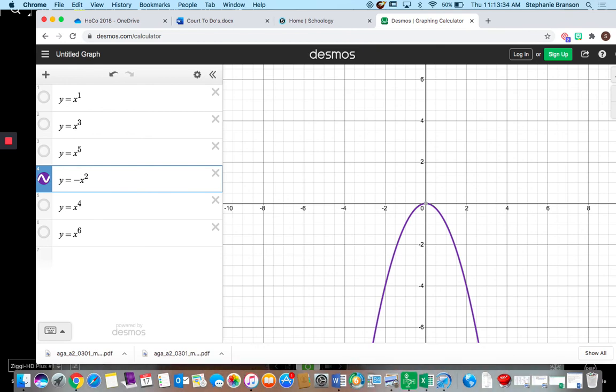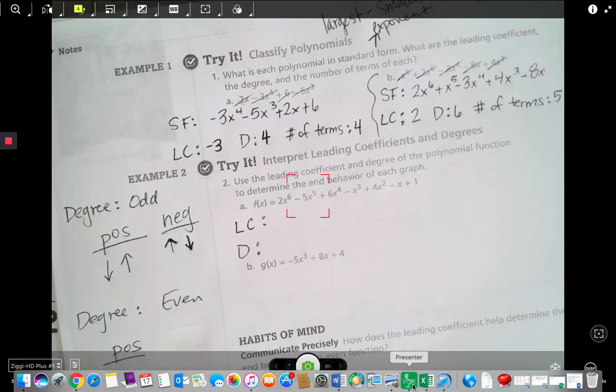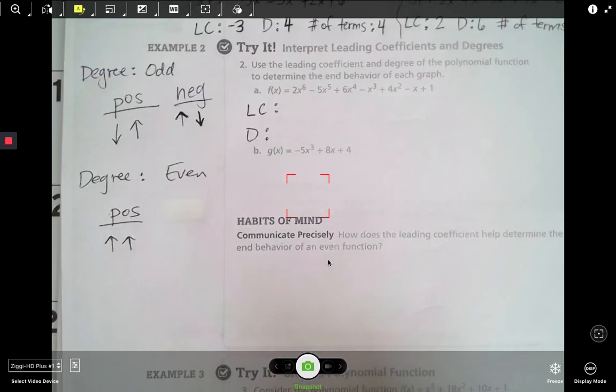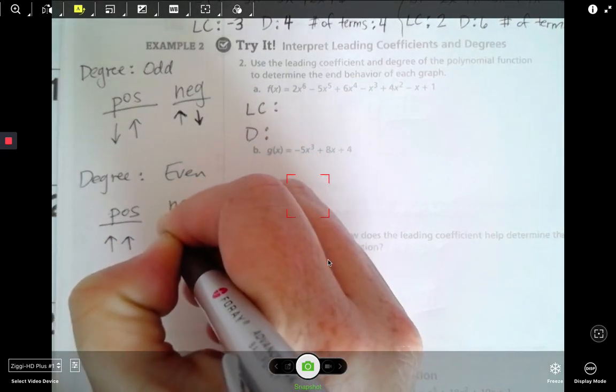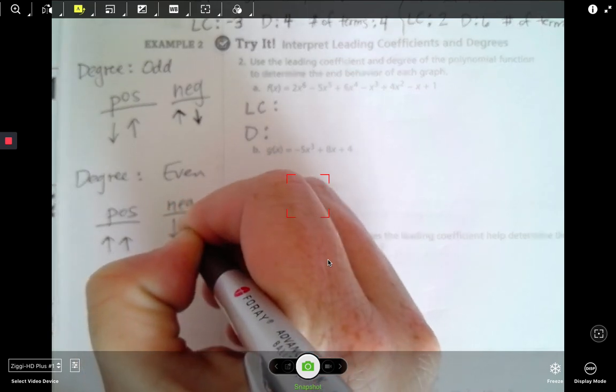Down and down. I was writing down, I didn't mean to write down. Meant to write negative. So I'm writing all this on the side over here. Starts down and ends down.